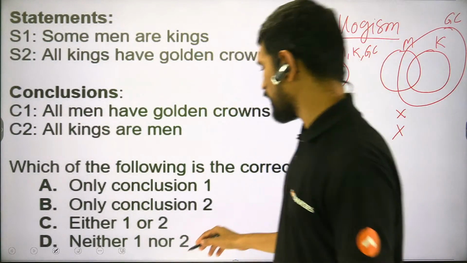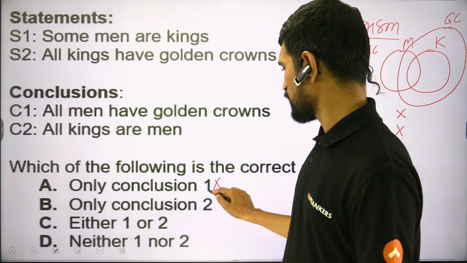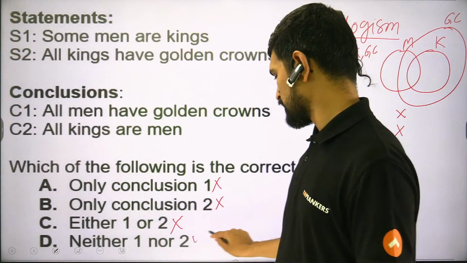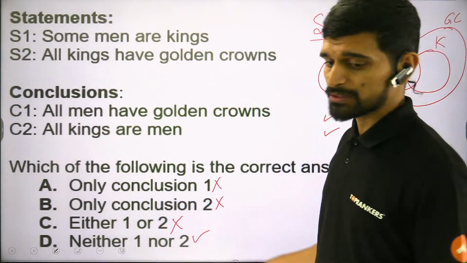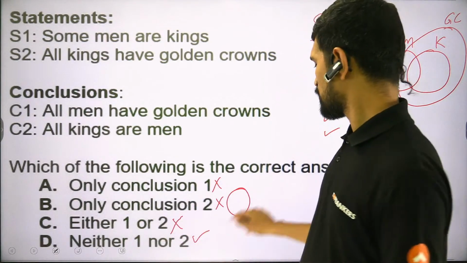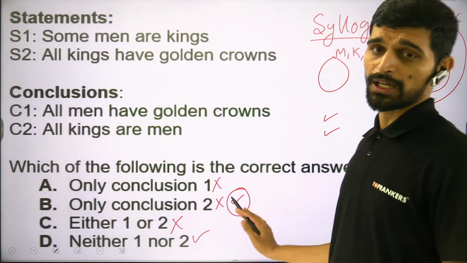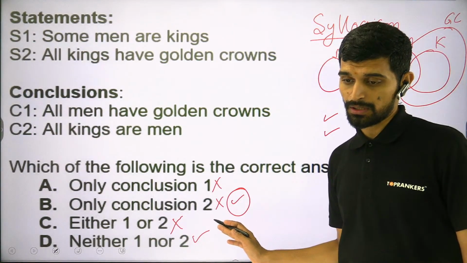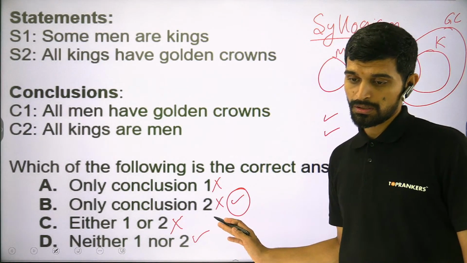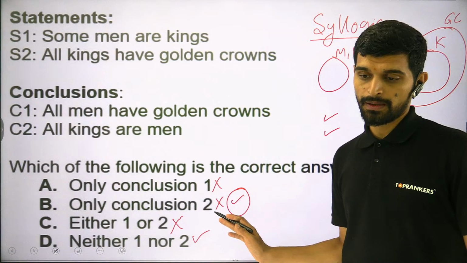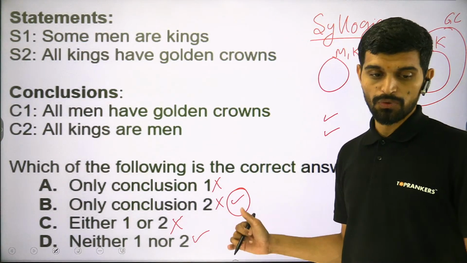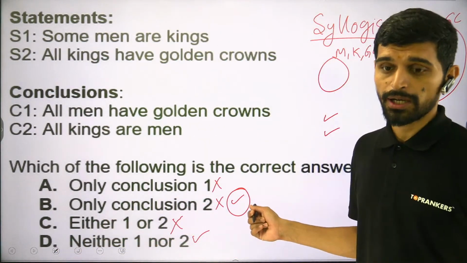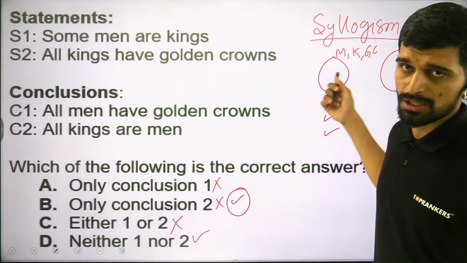So I cannot mark my answer as only conclusion 1 or only conclusion 2. In fact, not this one, but this one. But they have answered it as option B. This is what the official answer key suggests as the answer, but this is not correct as per the syllogism principles, right?